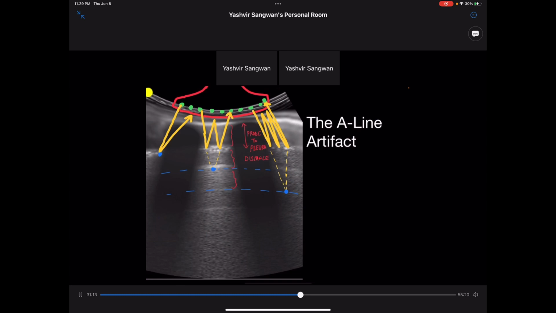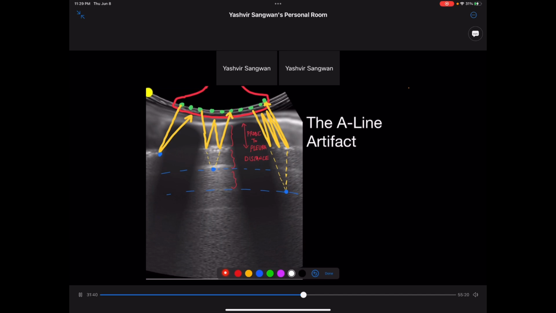Okay? We will come to that in our course, but right now I want you to understand how some of these artifacts are created. So here is a picture of the lung. That's a rib. No matter how big a person is, how muscular a person is, there is no fat or muscle between the rib and the pleura.